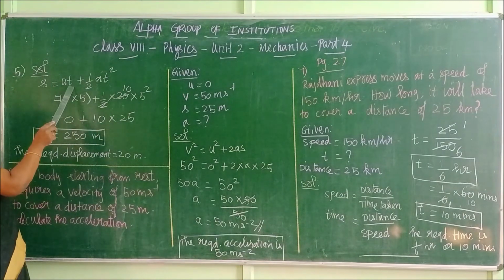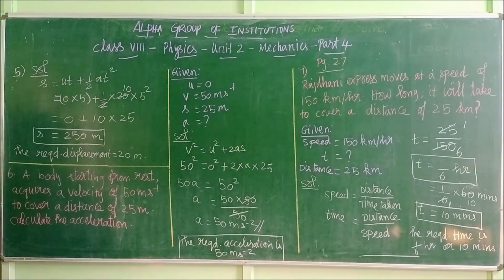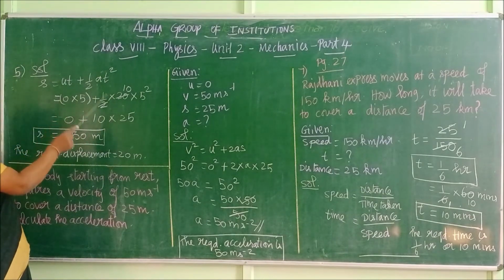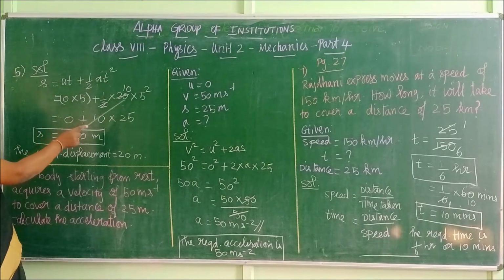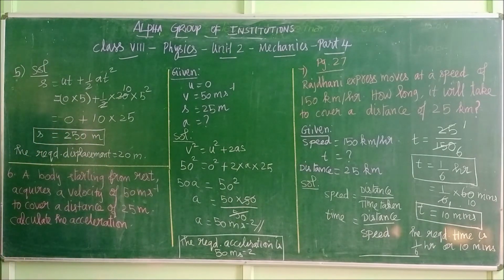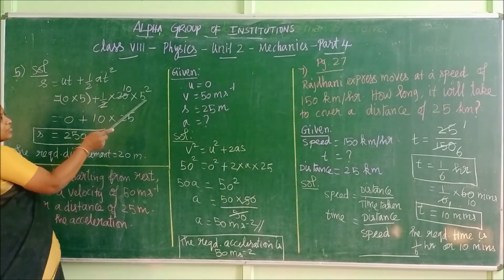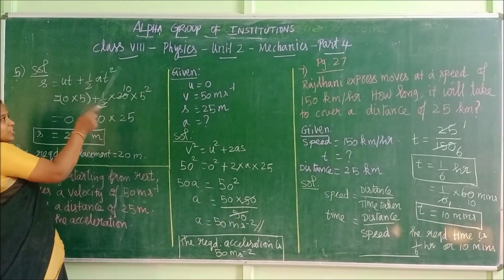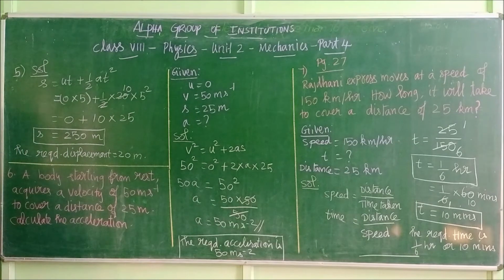S is equal to ut plus half at square. U value is 0 because the body starts from rest. T is 5 seconds. Half. A is 20 meter per second square. T square is 5 square, so in the place of T we have placed 5, and square we keep as it is.